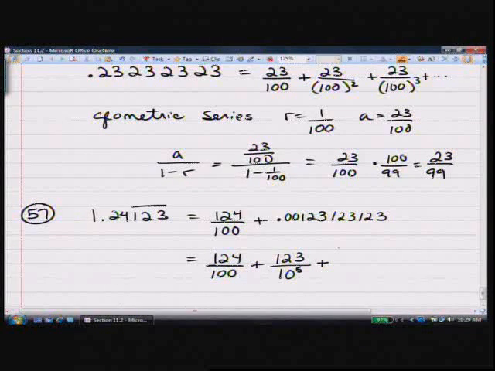What would be the best way to think of this? I'm rushing, I'm not reasoning this out. Okay, 10 to the 5th, and then this is 6, 7, 8.